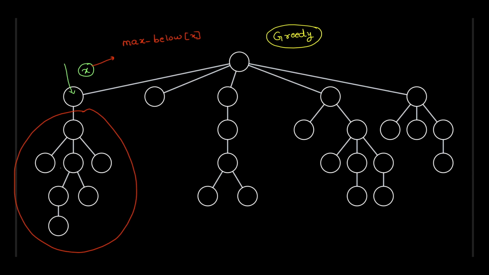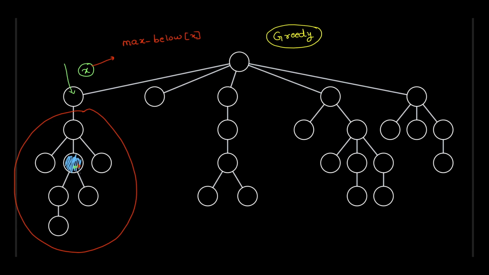Suppose this is the maximum value. Let me color it as blue. This is the maximum value. Then pivots can keep on alternating left and right, we don't care, but at some point of time, this will be exposed as a leaf node, since you are deleting everything.